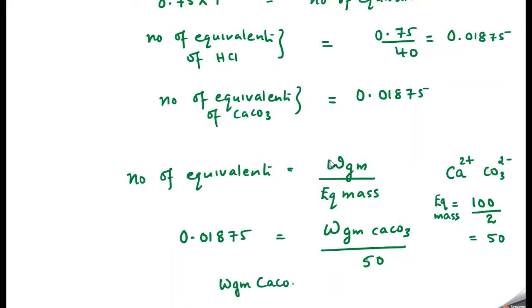Weight in gram of calcium carbonate is equal to 50 multiplied by 0.01875. So if you do this, I hope we should get the same answer. So you will get exactly 0.9375 gram.